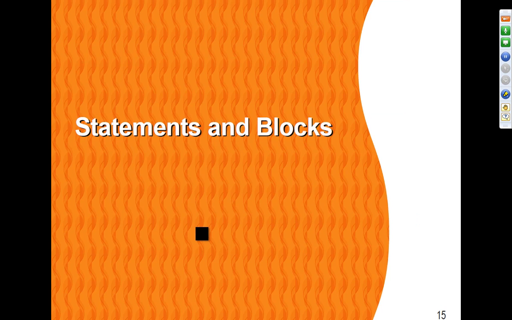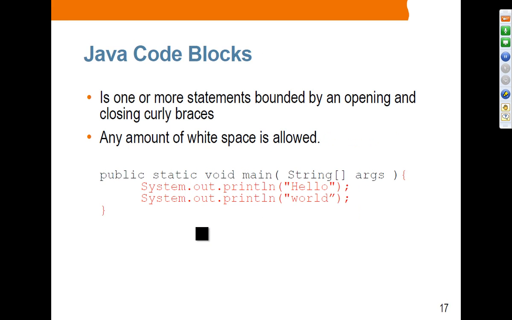Okay, so let's move on to statements and code blocks. A code block is made of a set of Java statements. Each Java statement ends with a semicolon. A code block is a set of statements and has to start with a curly brace and end with a curly brace. And white space does not matter.